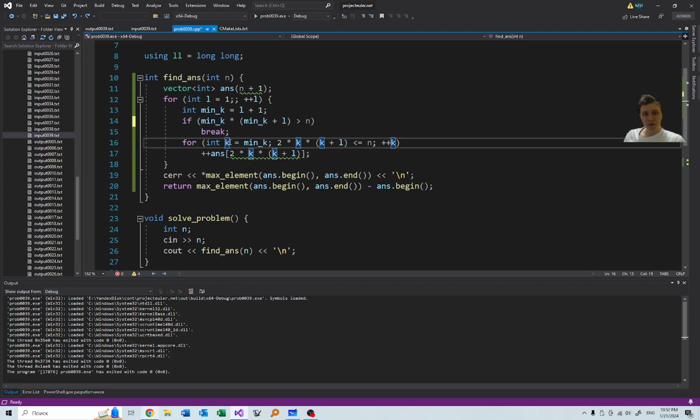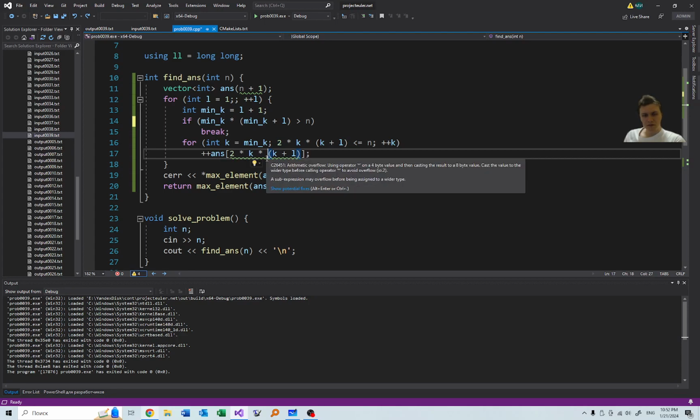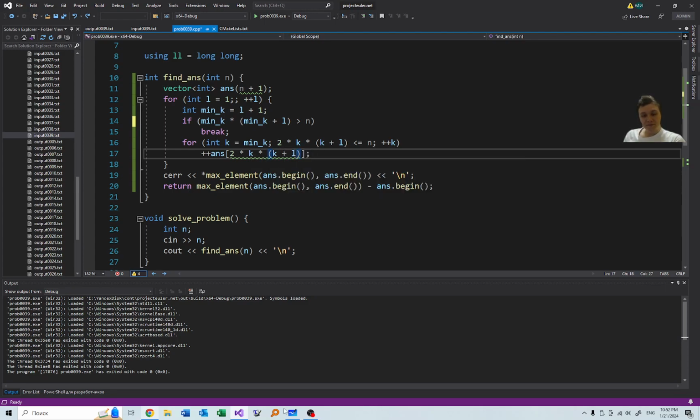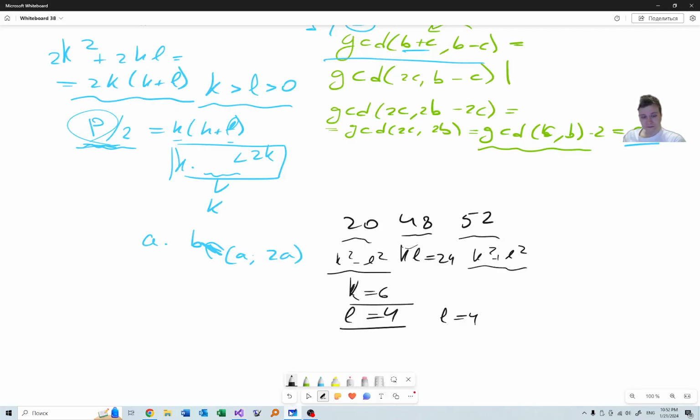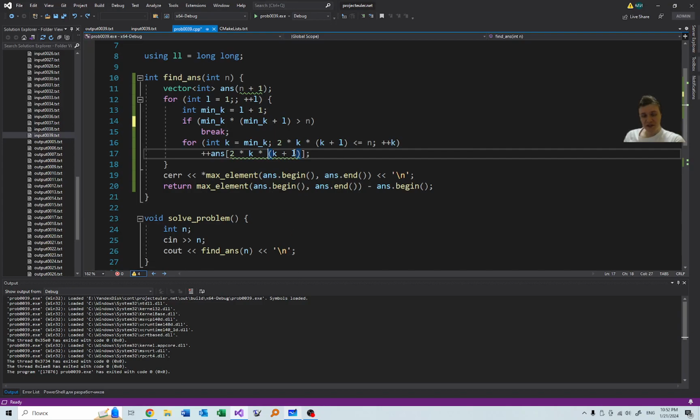Then, starting with min k, it checks this number, 2 times 6 times 10. It becomes 120 and it increments the answer.